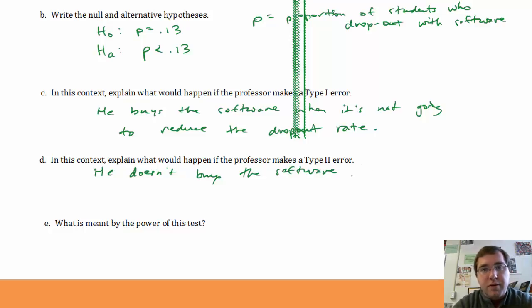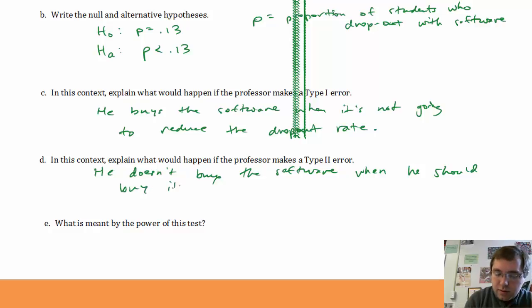However, type 2 error is failing to reject it when he should reject it because really the software did work. So a type 2 error here would be not buying the software when he should buy it, since it will reduce the dropout rate.